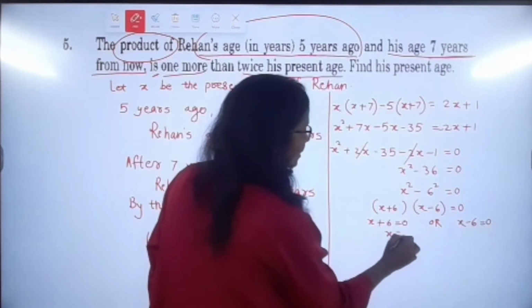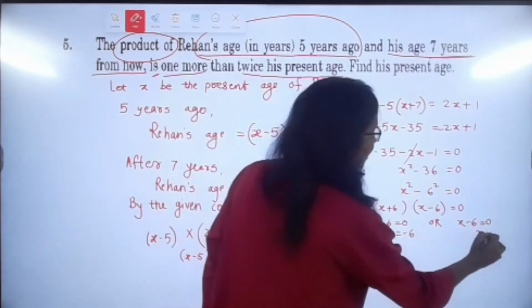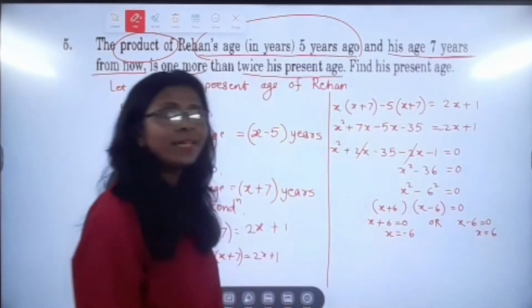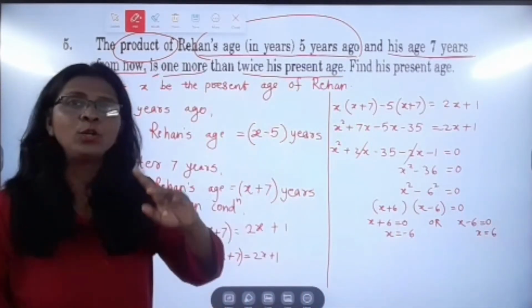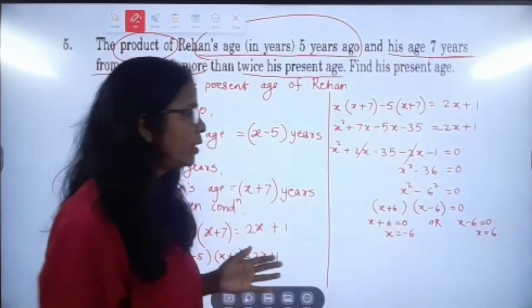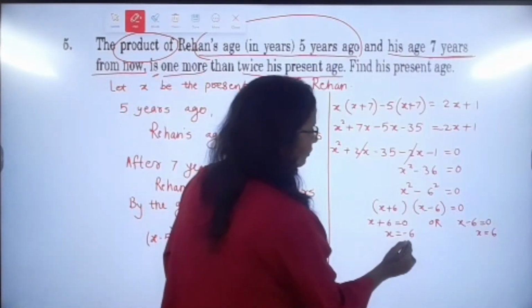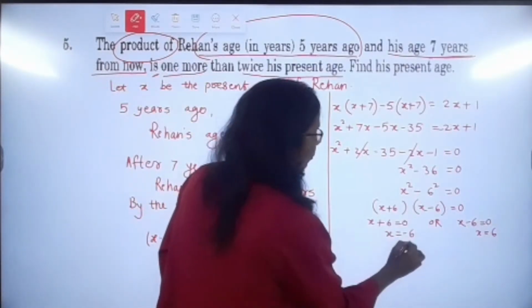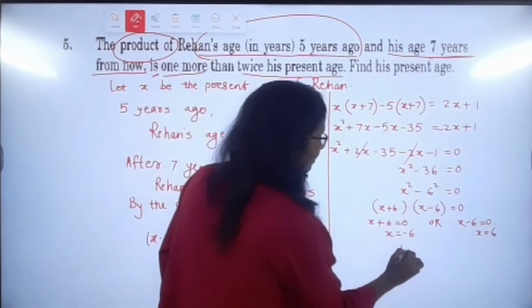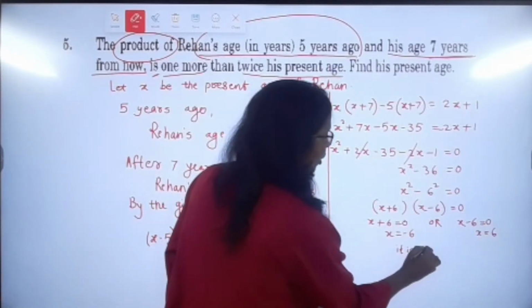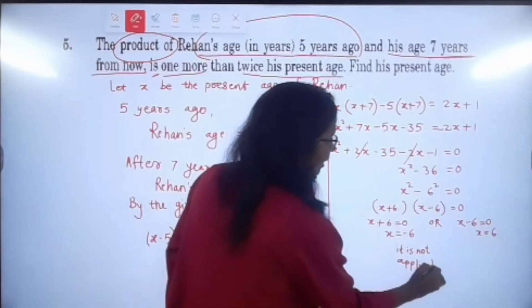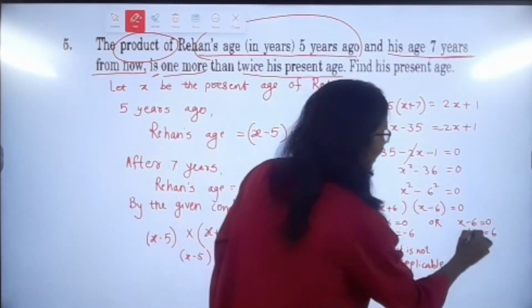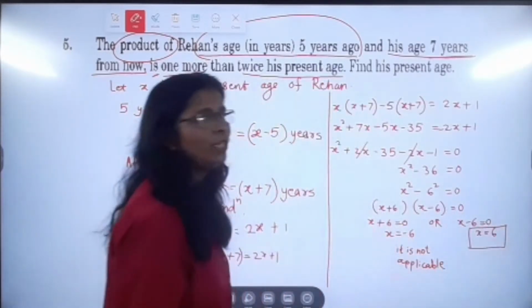That means, students, x is equal to minus 6 and x is equal to 6. This equation is related to age. Age cannot be negative. So for the value x is equal to minus 6, we write that it is not applicable. So the applicable value is x is equal to 6.